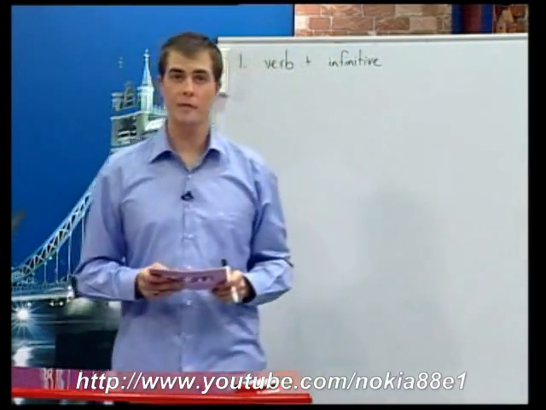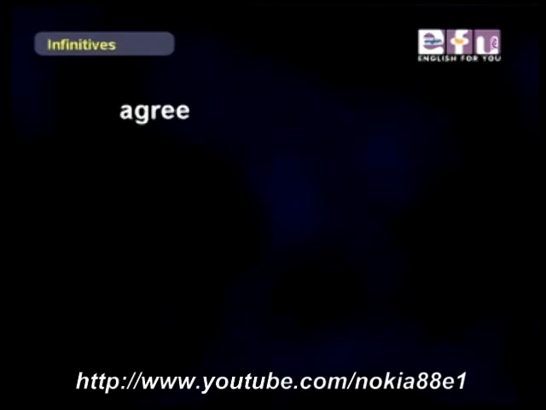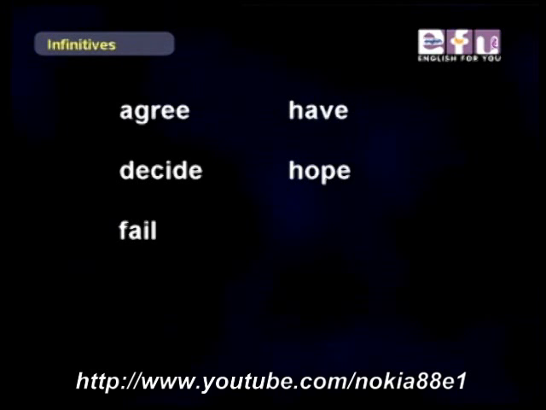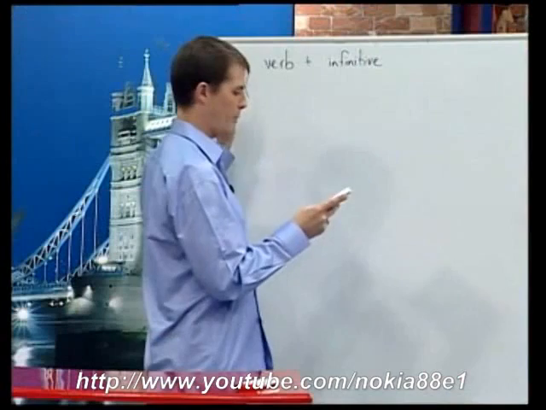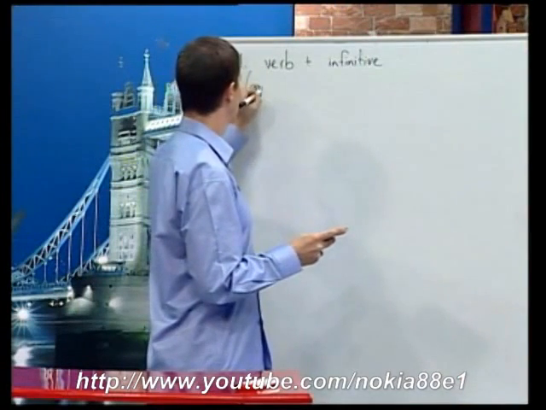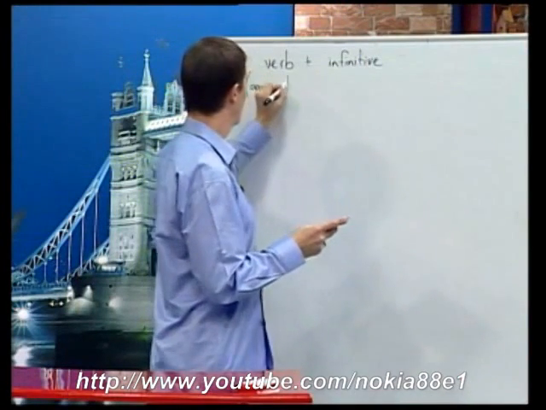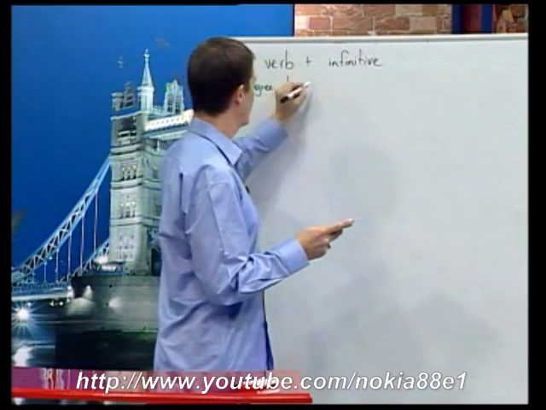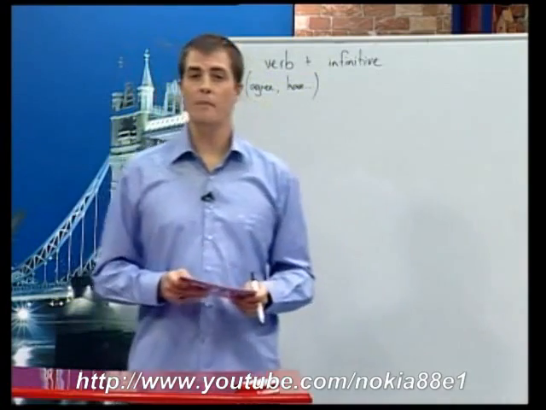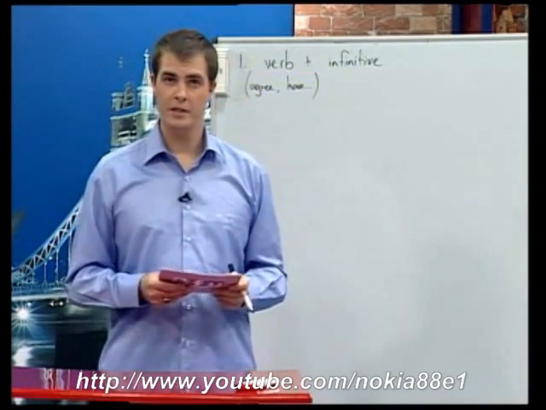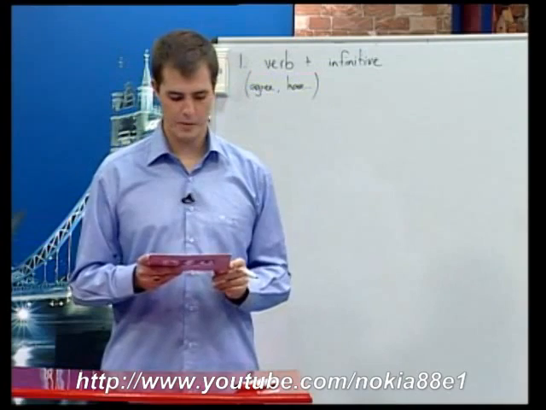Some examples of these verbs are agree, have, decide, hope, fail, manage, forget, and seem. So let's say the verb, for example, agree, have, and many others. The infinitives are the objects of the verbs.